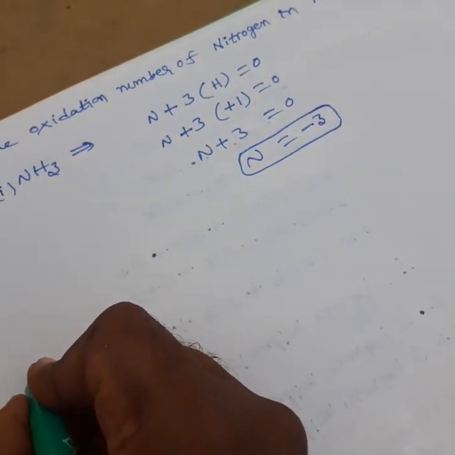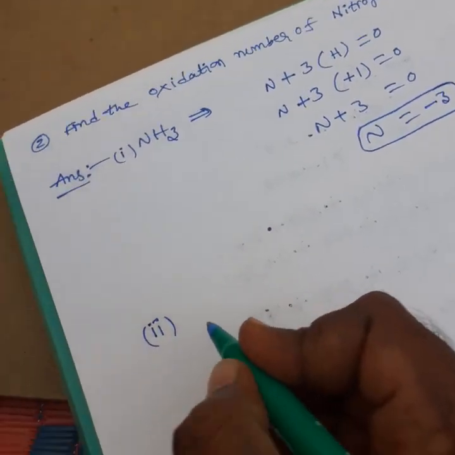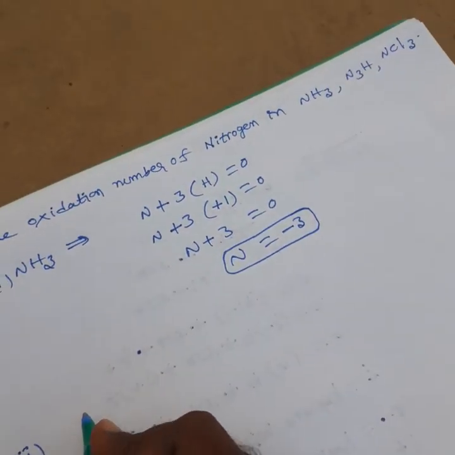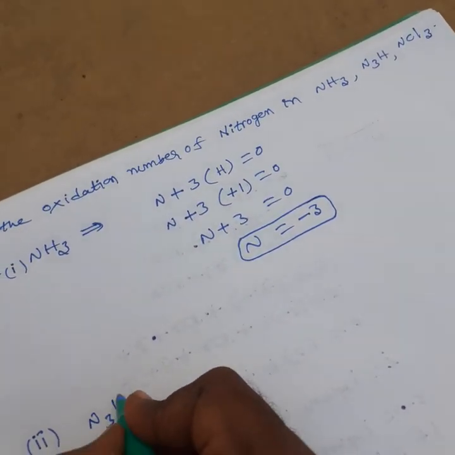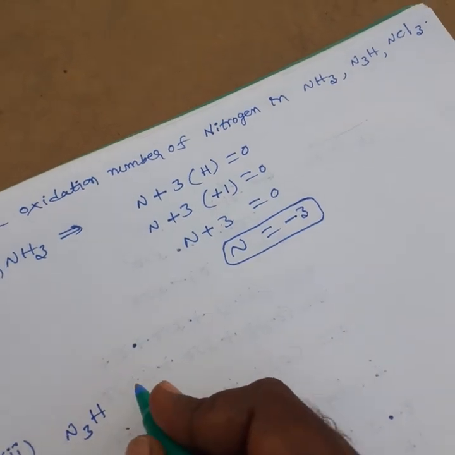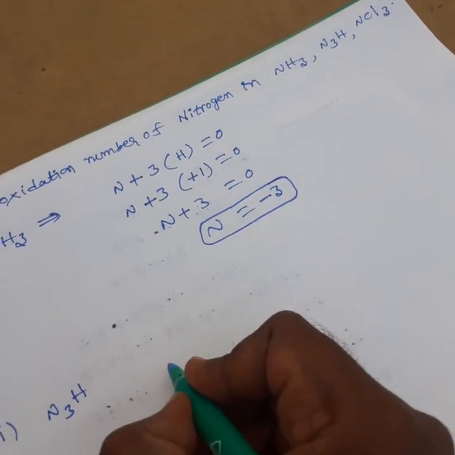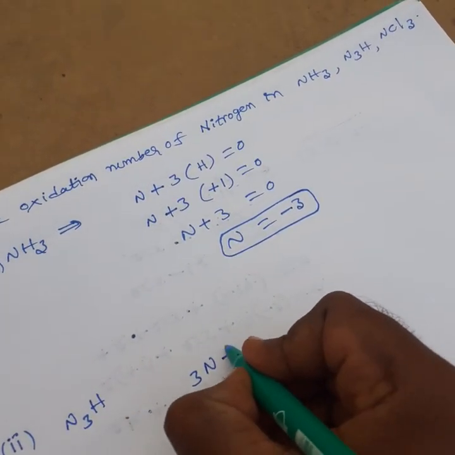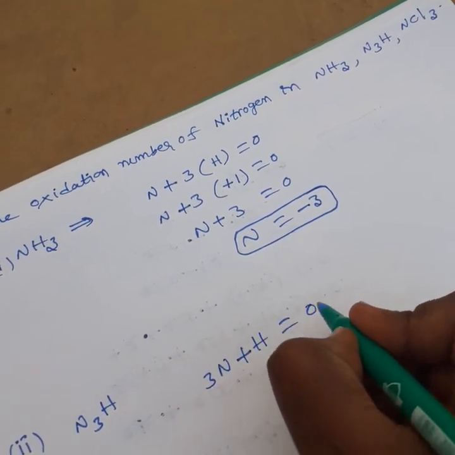And the second one, here we follow N3H. In N3H, 3N plus H is equal to 0.